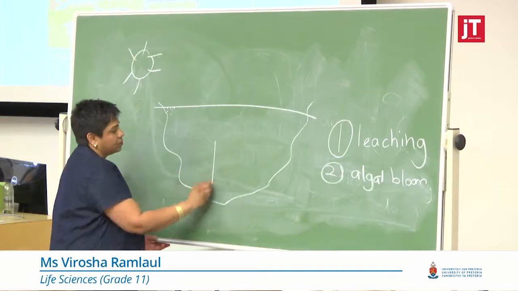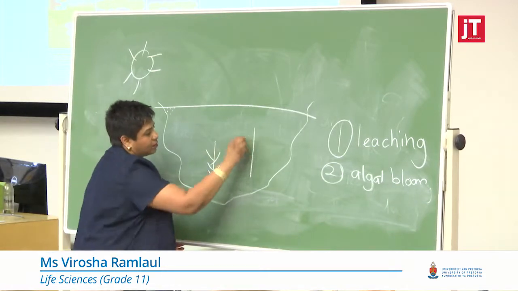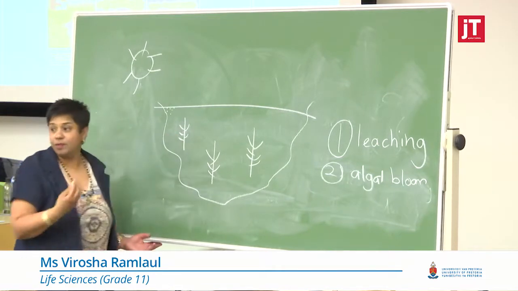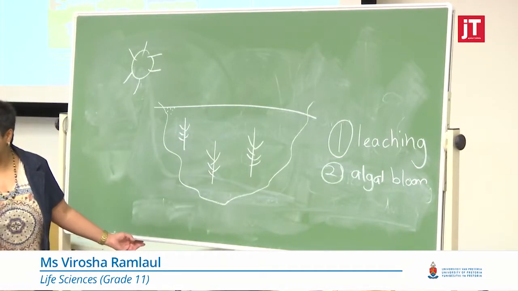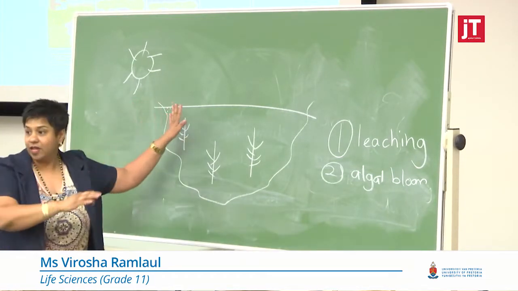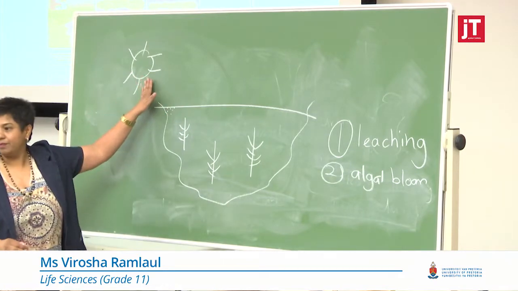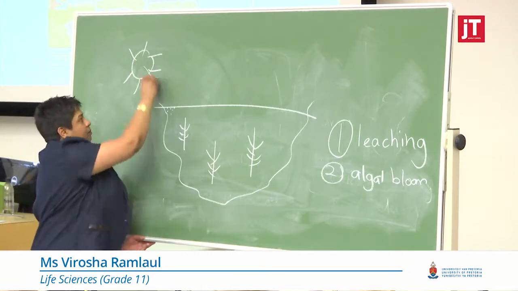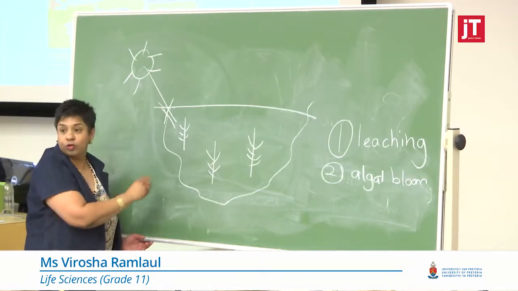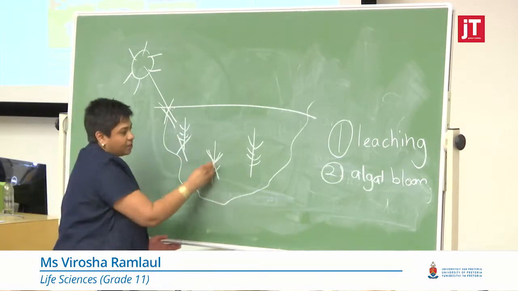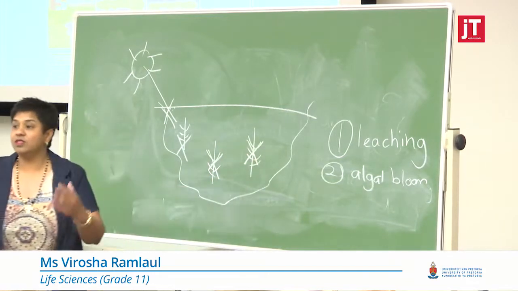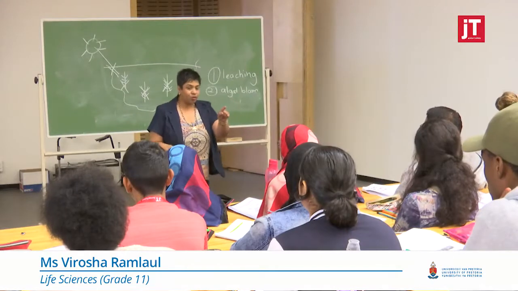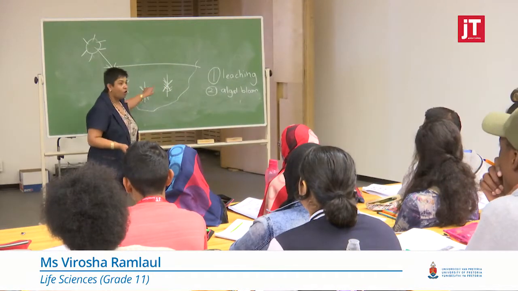Now, we have water plants in this river, dam or lake, and the algae blocks the sunlight, preventing it from reaching the plant. No photosynthesis, the plant dies. Now, that plant was responsible for producing oxygen.